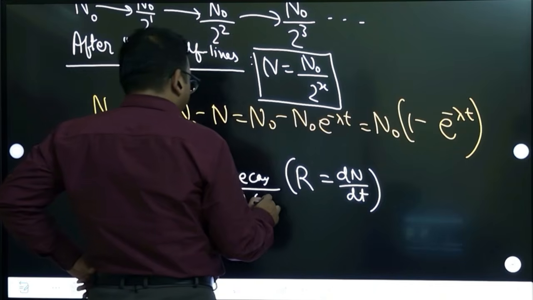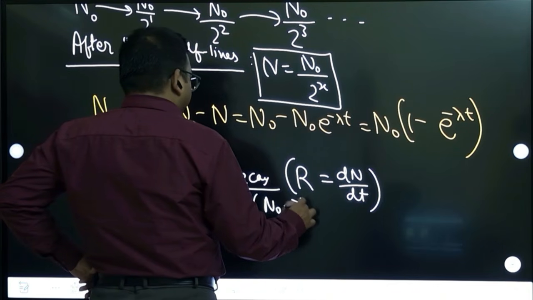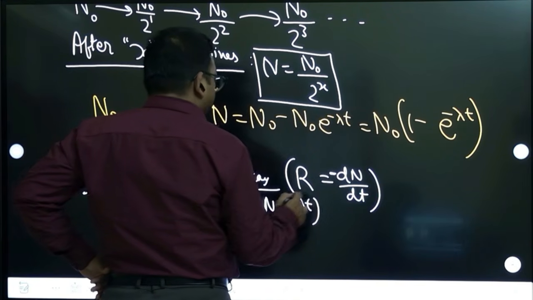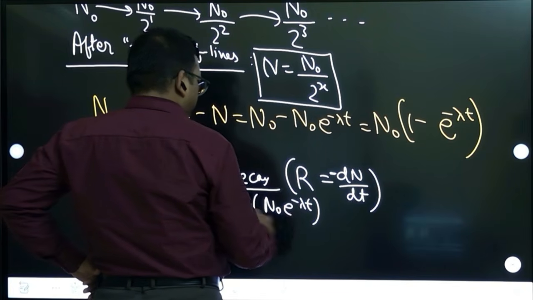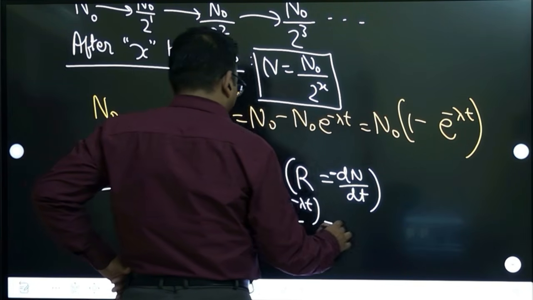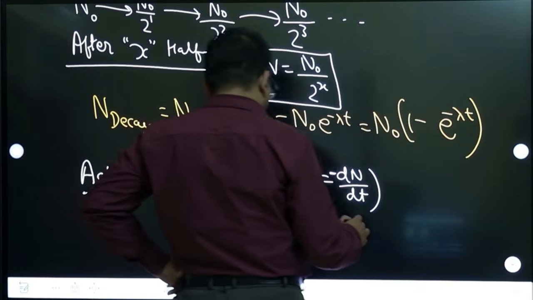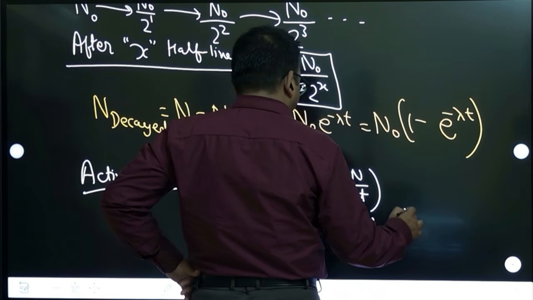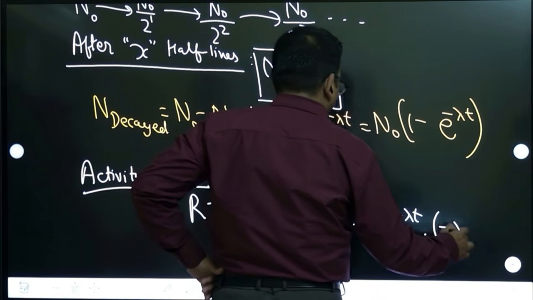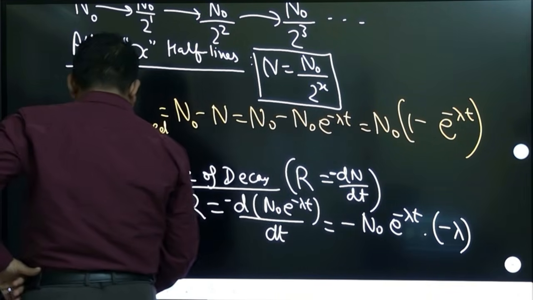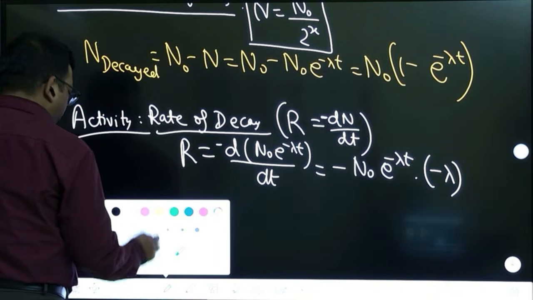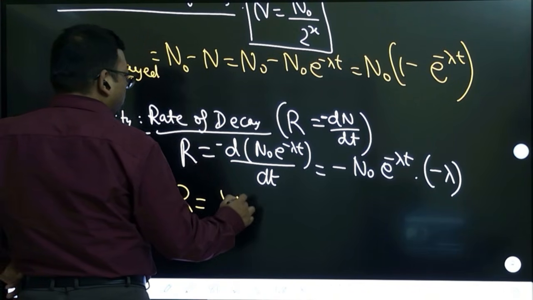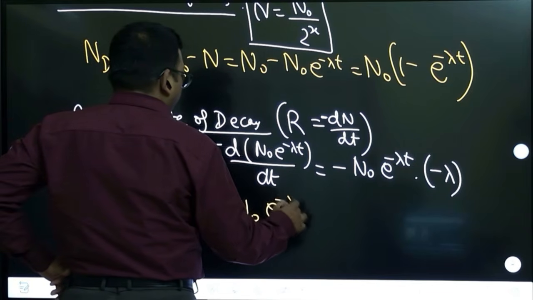We already know N equals N naught e to the power minus lambda t. I think we need to put a minus sign because this rate is negative. Let us do this calculation. Minus comes out, N naught e to the power minus lambda t, and minus lambda also comes. So from here this rate is lambda N naught e to the power minus lambda t.